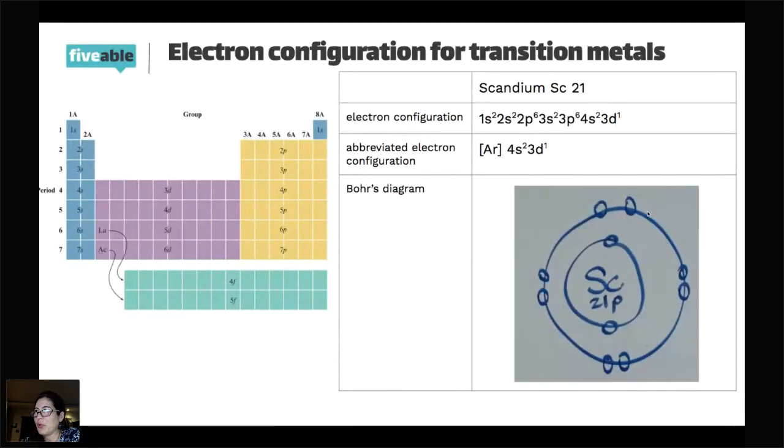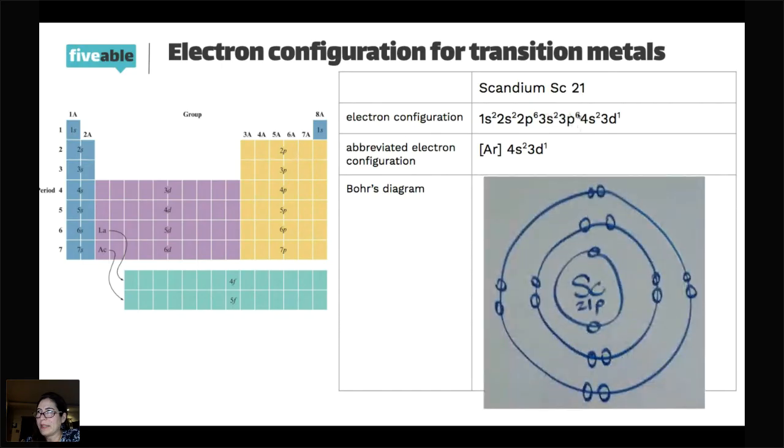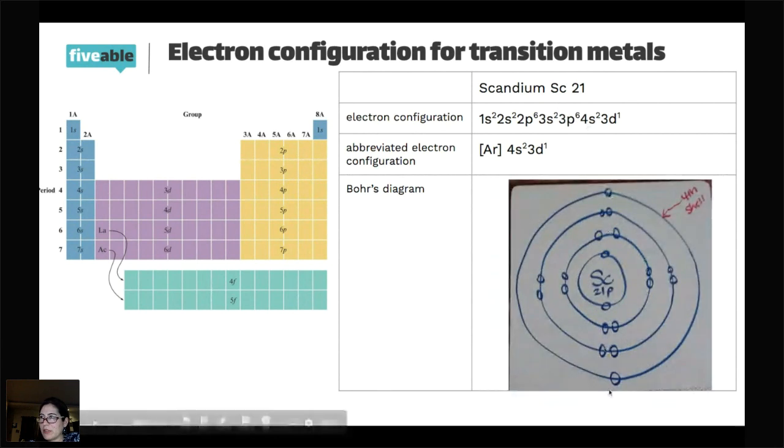Then if we do Bohr's diagram in the order of the electron configuration, we open a third shell with also 8 valence electrons. And here is the difference in transition elements. We have to open a fourth shell with 2 electrons.